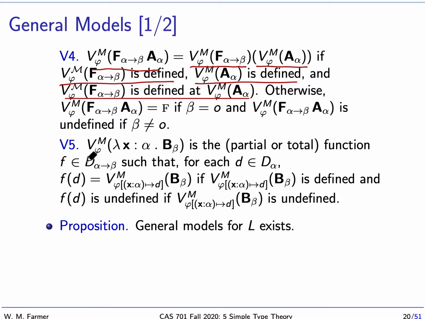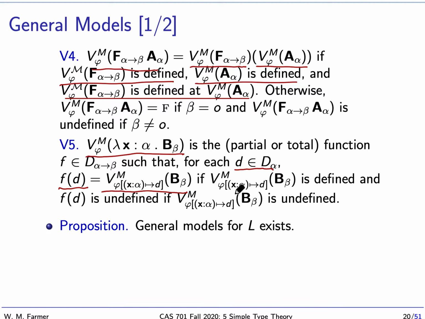And finally, the value of a lambda expression, a function abstraction, is going to be a total or partial function f such that for each d in the domain alpha, so this variable is ranging over the domain alpha, the value of f at d is going to be the value of b, where we have just phi so that the value of the variable x goes to d.